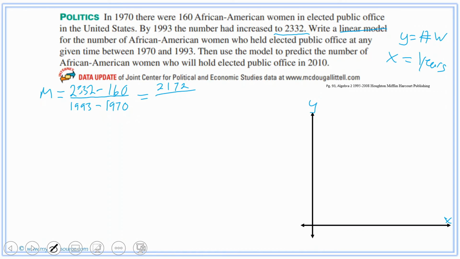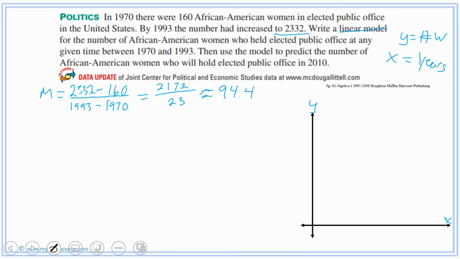That's a period of 23 years. When we work that out completely, if we divide 2,172 by 23, we're going to get approximately 94.4. So we're going to have to approximate that with the approximation sign.